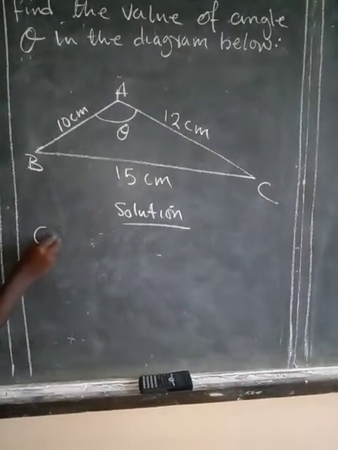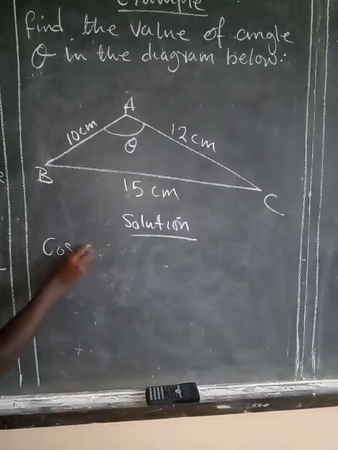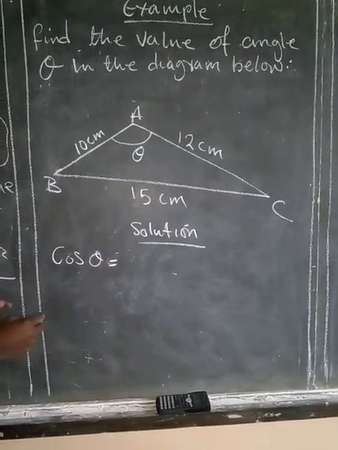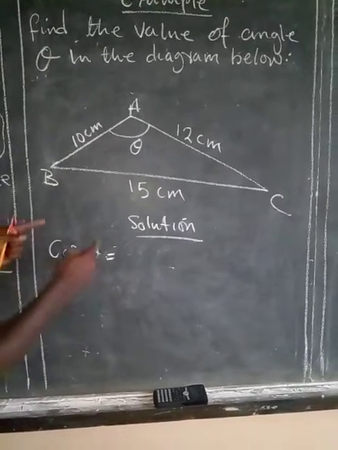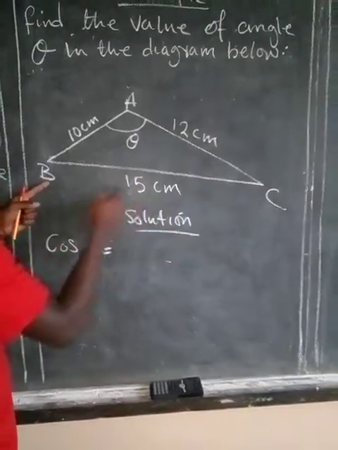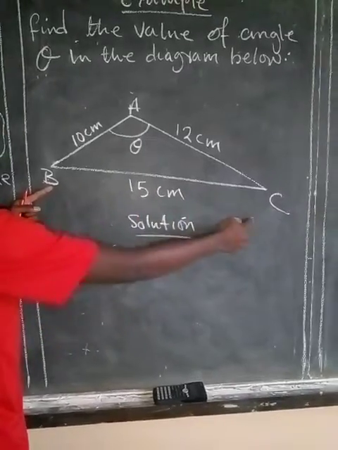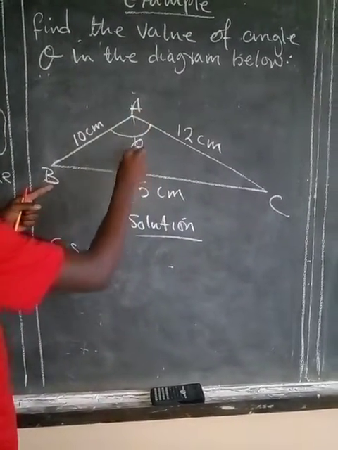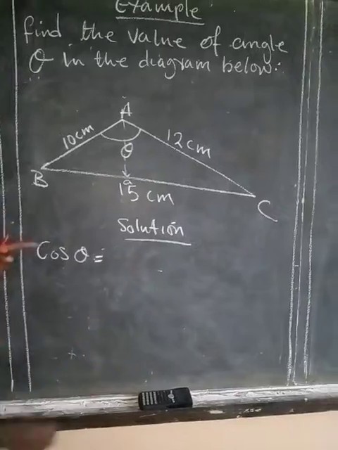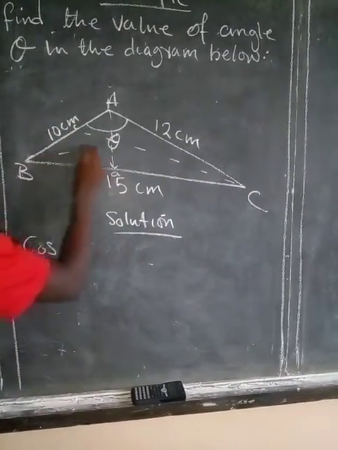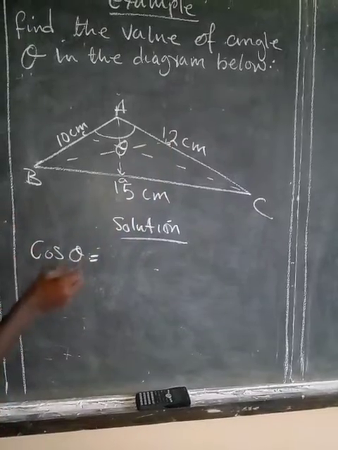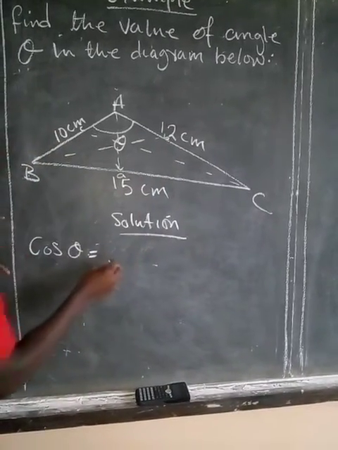So the formula will simply be cos theta is equal to, what are the two sides I'm going to add? This BC, I'm not going to add this one, but I'm going to subtract because it is opposite to the angle. So this will be my small letter A, and this side will be my C, and this side will be my B. So these two are the ones that are going to be added.